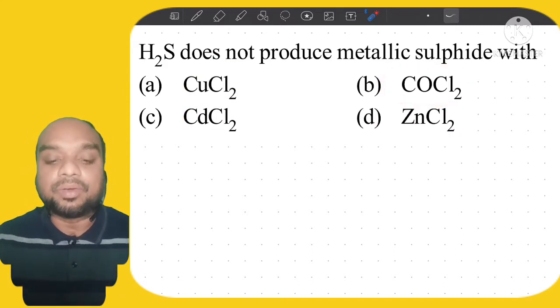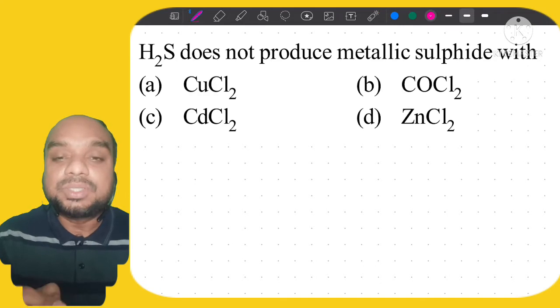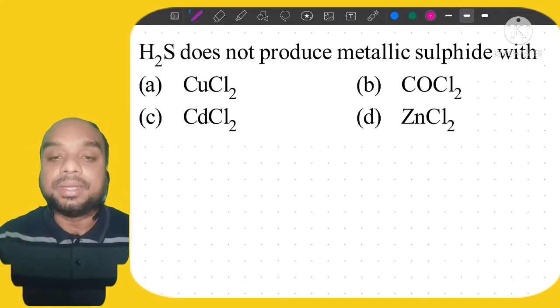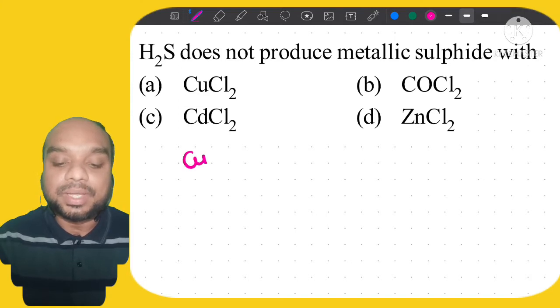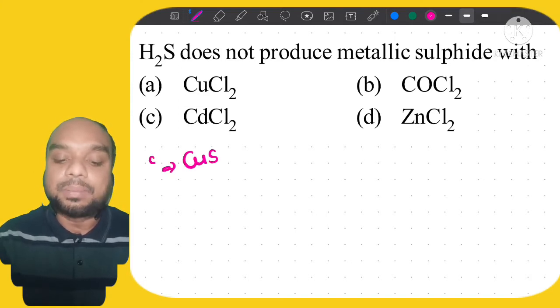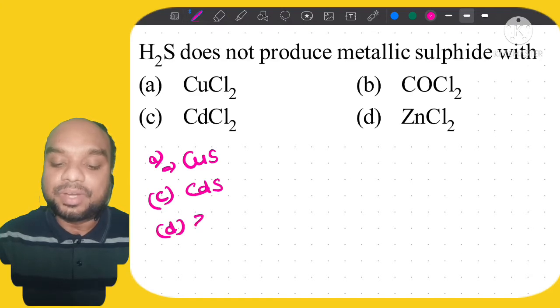Very simple to find out. In the first option, copper chloride, Cu is there, so you can get copper sulfide. In option C, cadmium sulfide you can get. And in option D, zinc sulfide you can get.